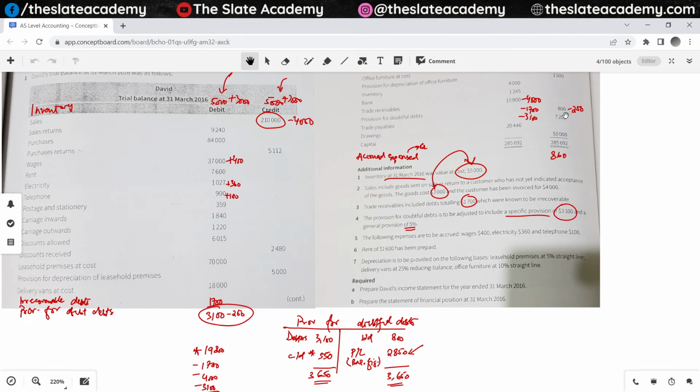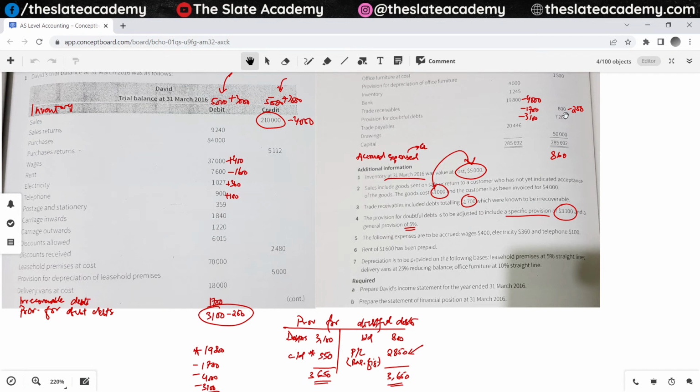Then for rent, I am told that 1600 has been prepaid. So this amount 7600 which appears out of this 1600 is prepaid. It belongs to the next period. So I will deduct from this one 1600 because this is not the expense for current year, so it needs to be removed from here. And to the debit side, I will add a balance.